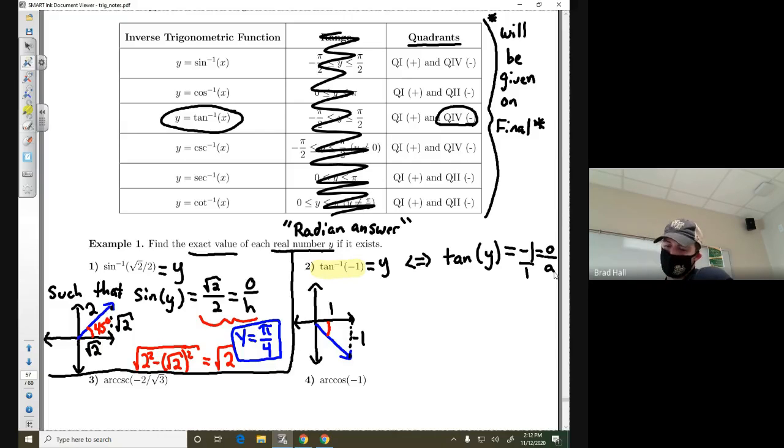And we can use this to pretty quickly figure out the hypotenuse. The hypotenuse here is equal to the square root of 1 squared plus -1 squared, and you end up getting the square root of 2.